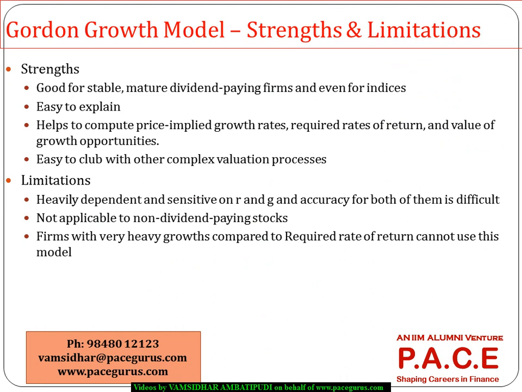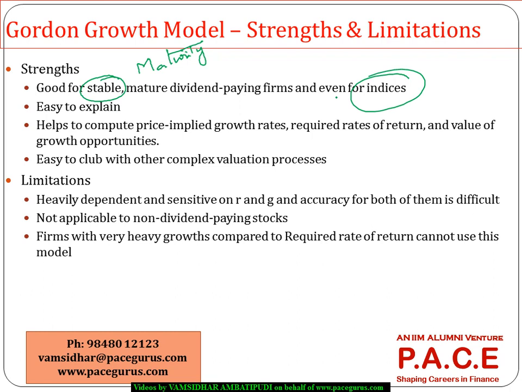Now that we have looked at the Gordon growth model, we are just summarizing that aspect, saying this model is good for companies which are already in their stable state, maturity phase, where from here onwards we assume that the dividends are going to grow constantly forever, generally applicable for indices.